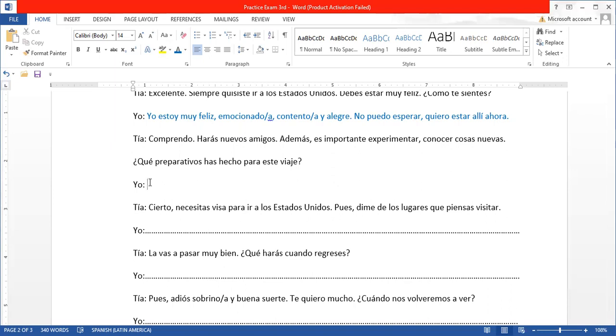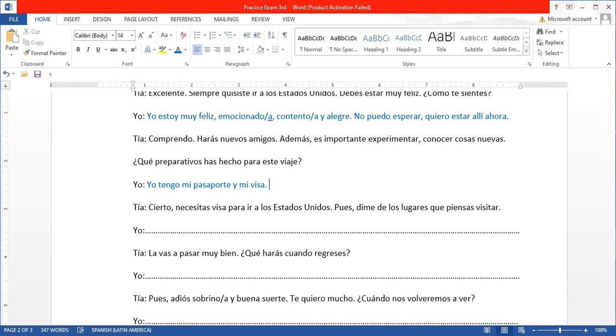Muy bien. Let's say that you say yo. You could say saqué in the past, but if you don't remember, you can say yo tengo mi pasaporte, mi visa, y mi visa. And maybe you want to say that you bought your ticket.